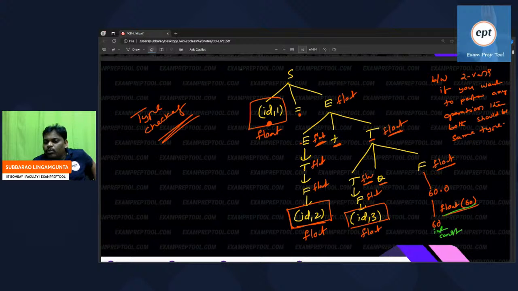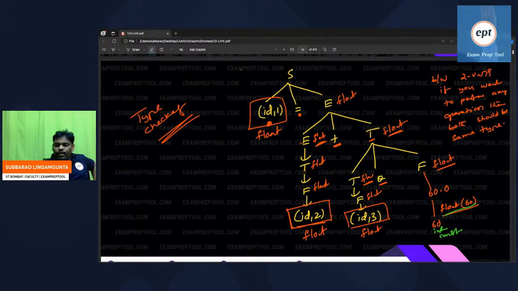Now it is the correct time to ask you. Semantic analyzer input? Make it fast. Semantic analyzer input is the syntax tree. Output is also a syntax tree, but a modified syntax tree.